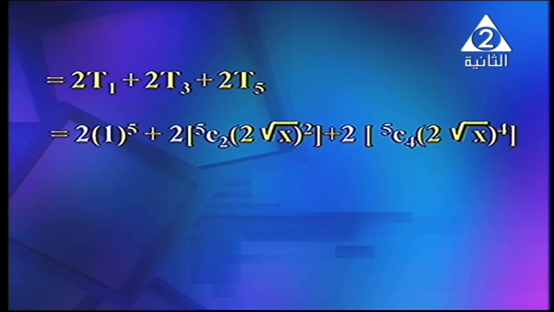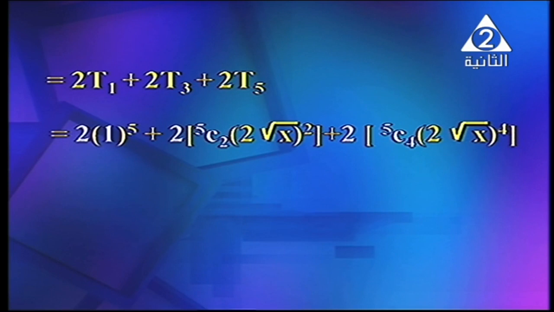Then 2 times 1^5 + 2 times 5C2 (2√x)^2 + 2 times 5C4 (2√x)^4.